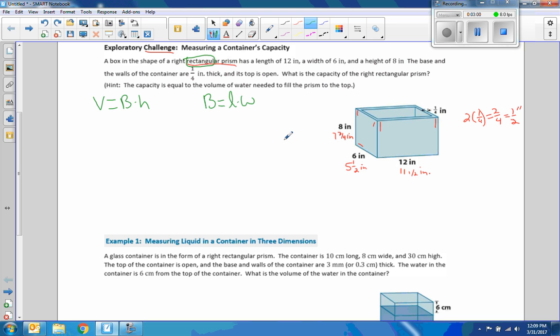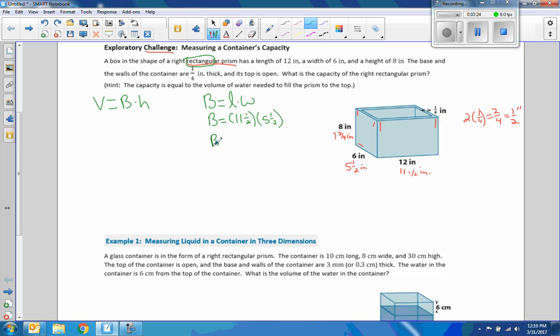So the first thing I'm going to do is find the base area. So I'm going to say the base area equals the length, 11 1/2, times the width, which is 6 minus that 1/2, or 5 1/2. Okay?